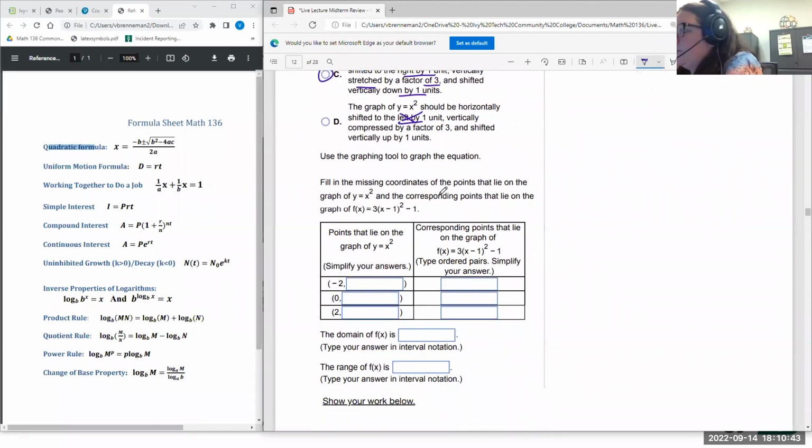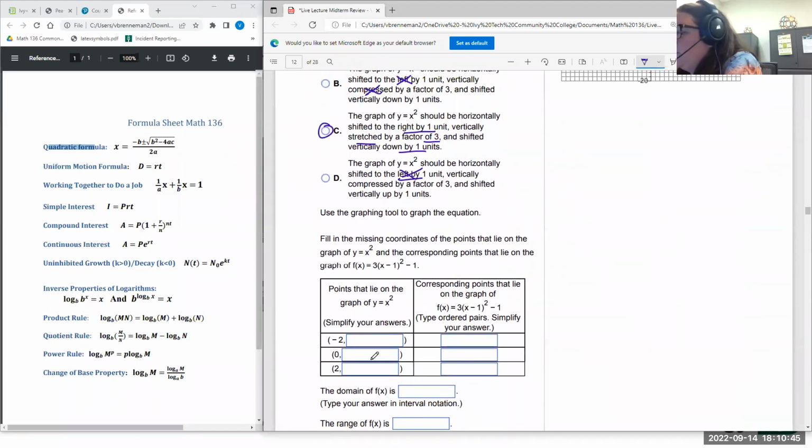So then we have these corresponding points. If we just look at x squared, the point -2, you square -2, that would be 4. 0 squared is 0, 2 squared is 4. For the corresponding points, remember what we said: it's shifting right 1, and then the vertical stretch by 3 means you multiply, you're taking 3 times the y value.